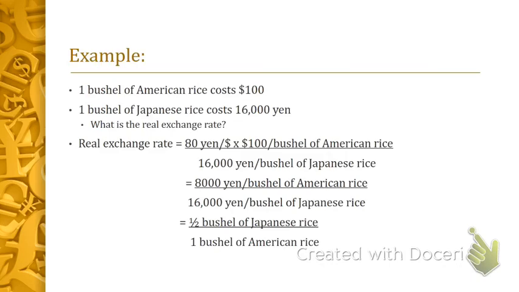The yen cancel, we get the 1/2, and since this is divided by a bushel of American rice, that goes to the bottom, and since this is divided by a bushel of Japanese rice, it goes to the top. Everybody understand that? Makes sense? So our real exchange rate is a half bushel of Japanese rice for 1 bushel of American rice. Any questions on the calculation?